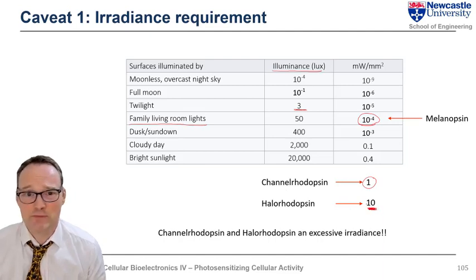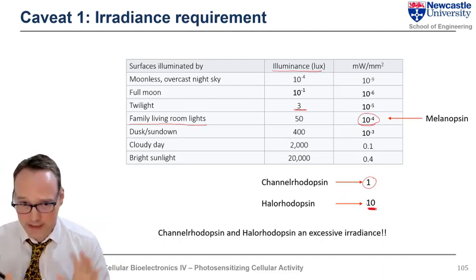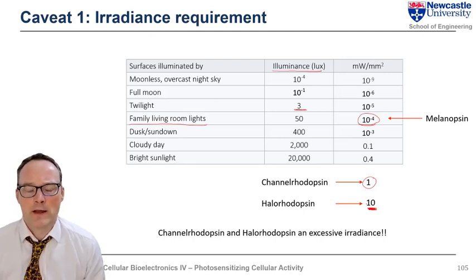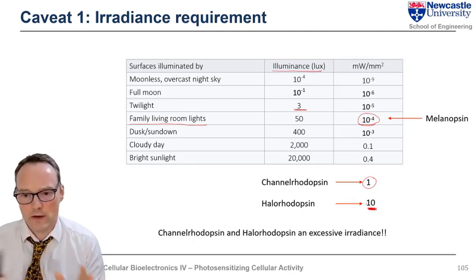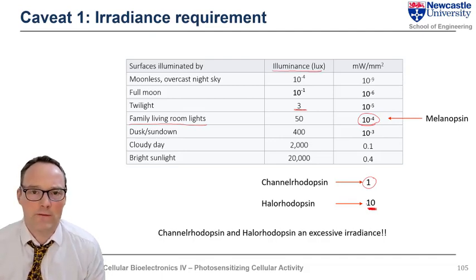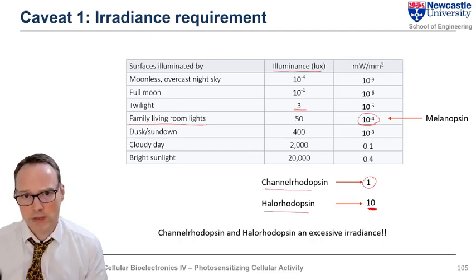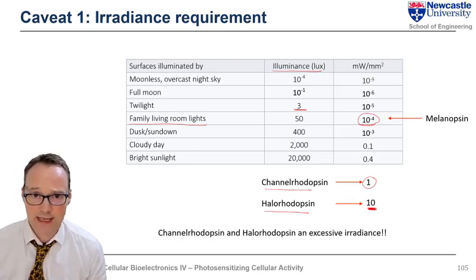It's 10 times brighter than that. This is super bright as a requirement. So the primary forms of optogenetics are channelrhodopsin and halorhodopsin, for reasons I'll explain in a bit. But these require very, very high intensities of light. So that's a key caveat.